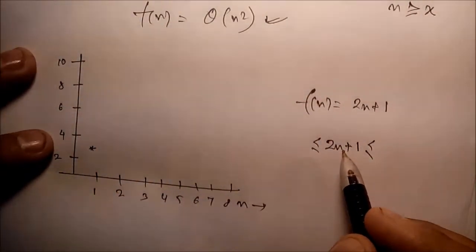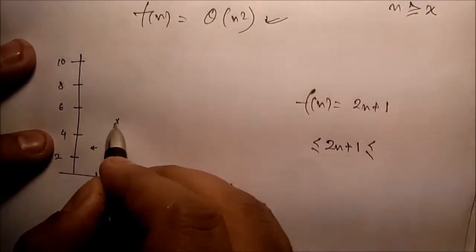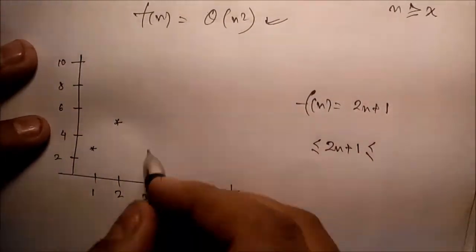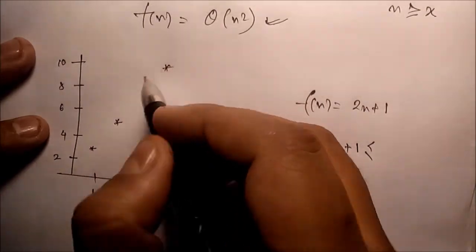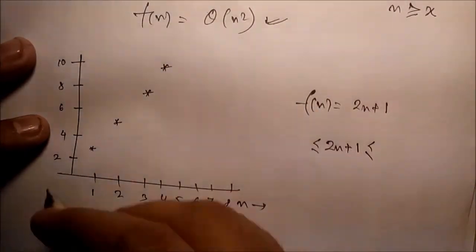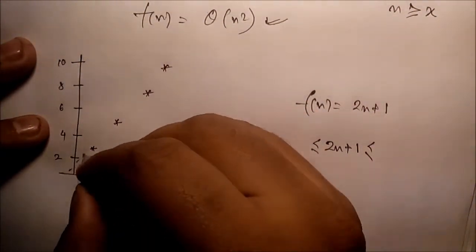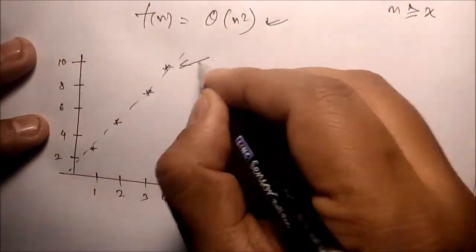If n is equal to 2, then it is 5. If n is equal to 3, then it is 7. If n is equal to 4, then it is 9. If n is equal to 0, then it is 1, we can say. So this is nothing but our Fn.